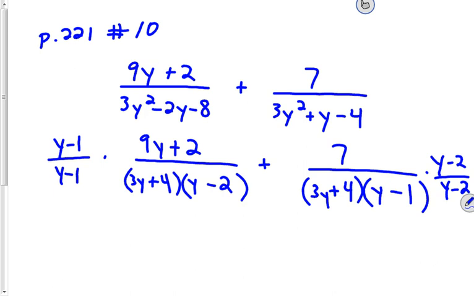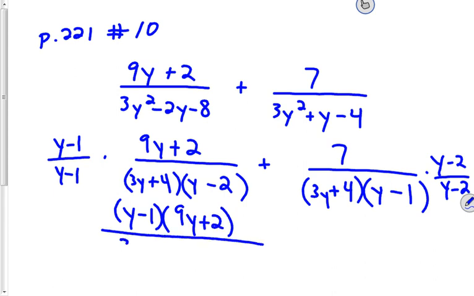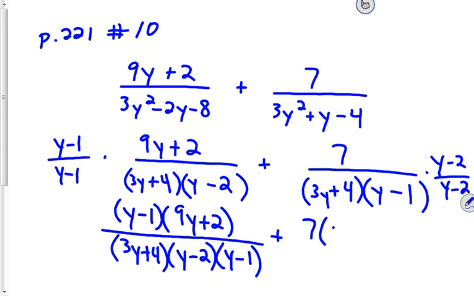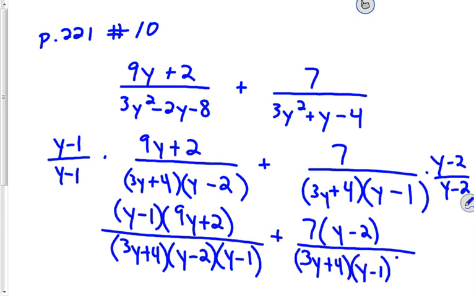So I'm just going to write it as y minus 1 times 9y plus 2 over 3y plus 4 times y minus 2 times y minus 1, plus 7 times y minus 2 over 3y plus 4, y minus 1, y minus 2.